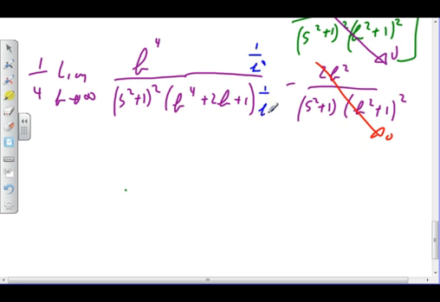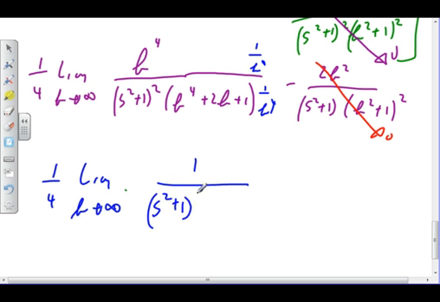Okay. I'm going to get 1/4 limit b goes to infinity 1 over s squared plus 1 squared times 1 plus 2 over b squared plus 1 over b to the fourth.